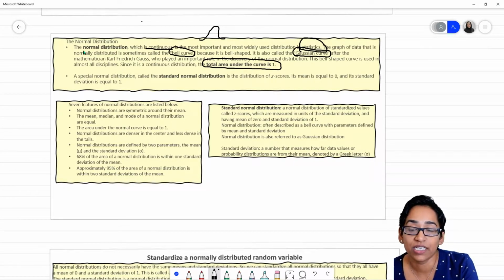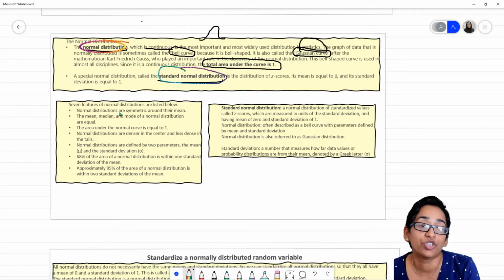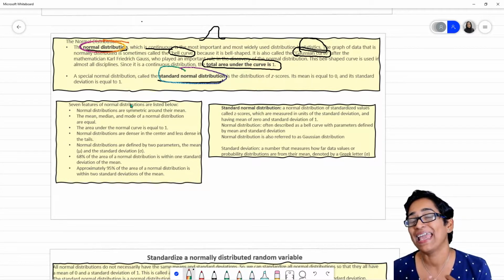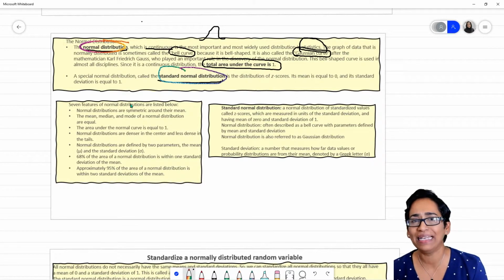Now, as you can see, you have a normal distribution and you have a standard normal distribution. What's the difference between a normal distribution and a standard normal distribution? A normal distribution is where the mean can be anything. Mean can be 10, 5, 6, 100, a million.